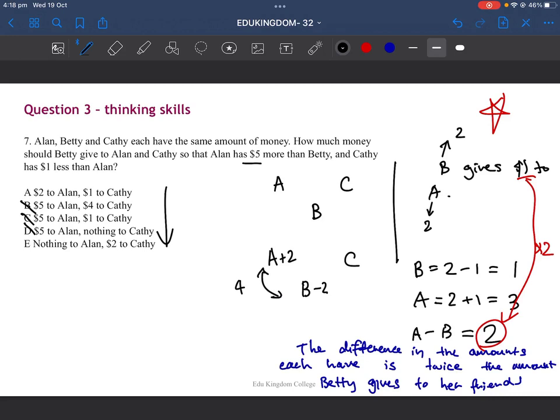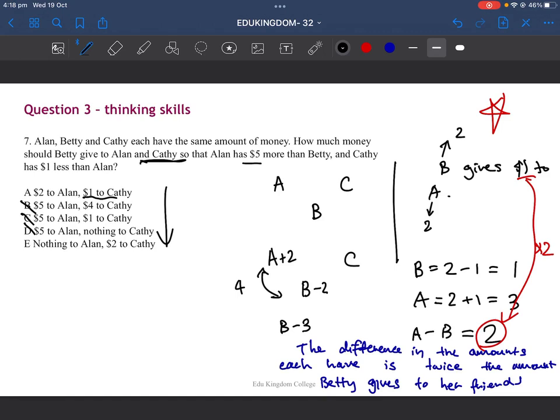Well, guys, because the question says I have to give to Kathy as well. Since so far I didn't give anything to Kathy, let's actually give, following the option, $1 to Kathy. If I give $1 to Kathy, to me, who, let's say I'm Betty, if I'm already $2 down, if I give one more dollar to someone, I'd be B minus 3, meaning that I'm down 3 of what I used to be.